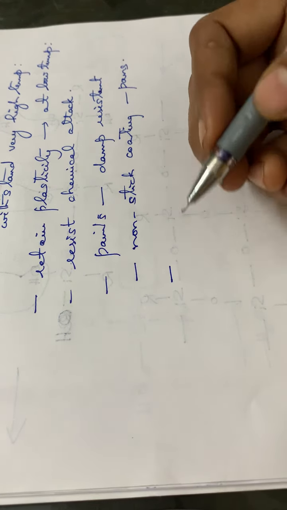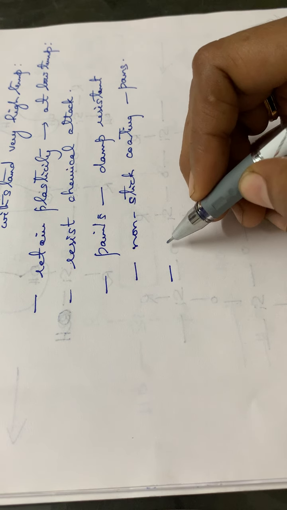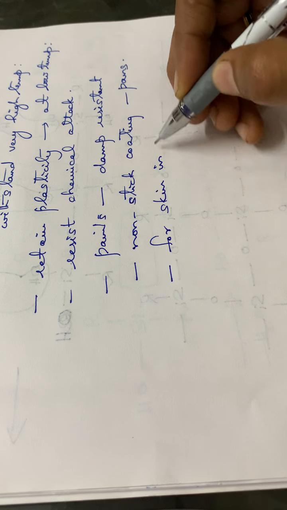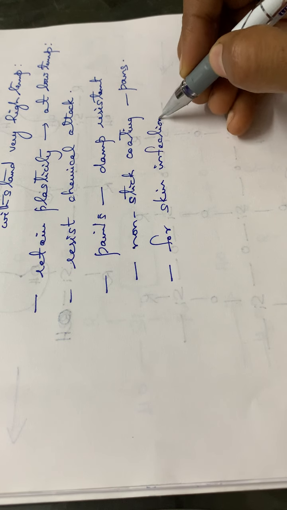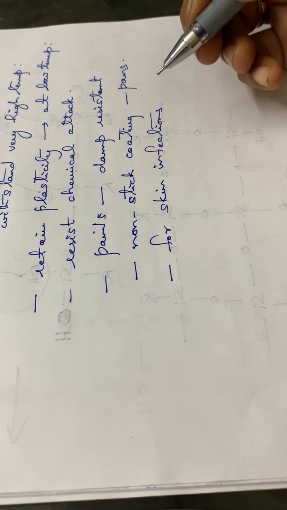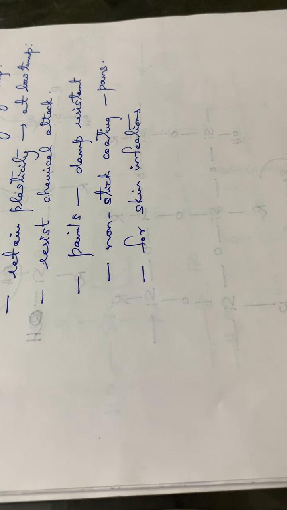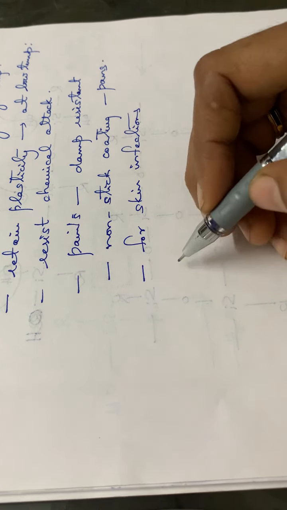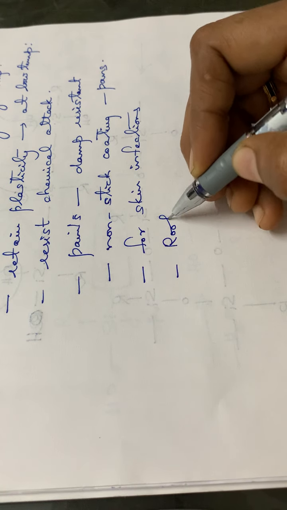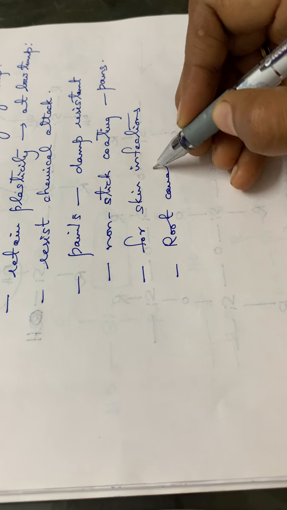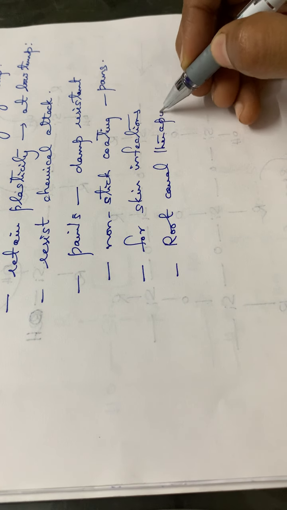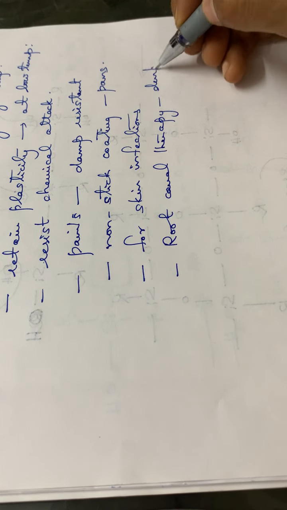Then again the silicones are used for treating skin infections. Then again it is used in root canal therapy also. Root canal, it is in the field of dentistry, isn't it? So it is used in root canal therapy in the field of dentistry.